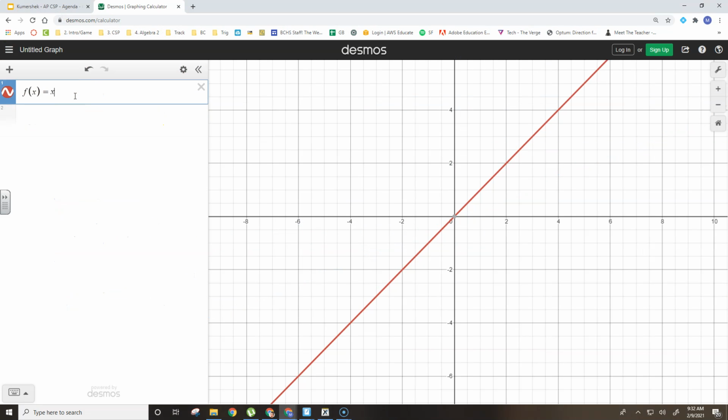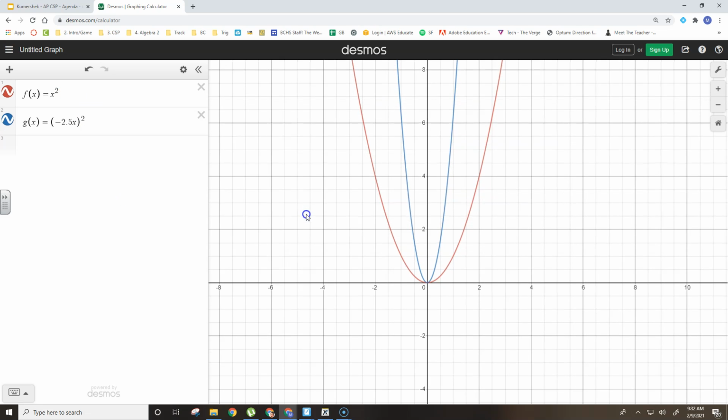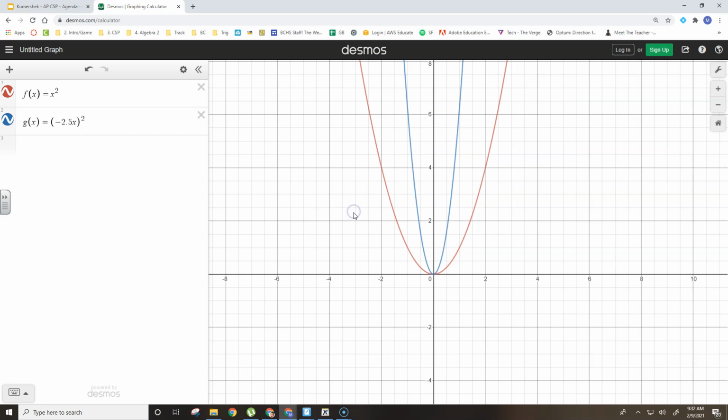So here's my x squared, and let's look at our new function, which is parentheses negative 2.5x end parentheses, and this is squared. So you can think of it, right? It didn't go negative, right? So it's not an x-axis reflection, it's a y-axis reflection.